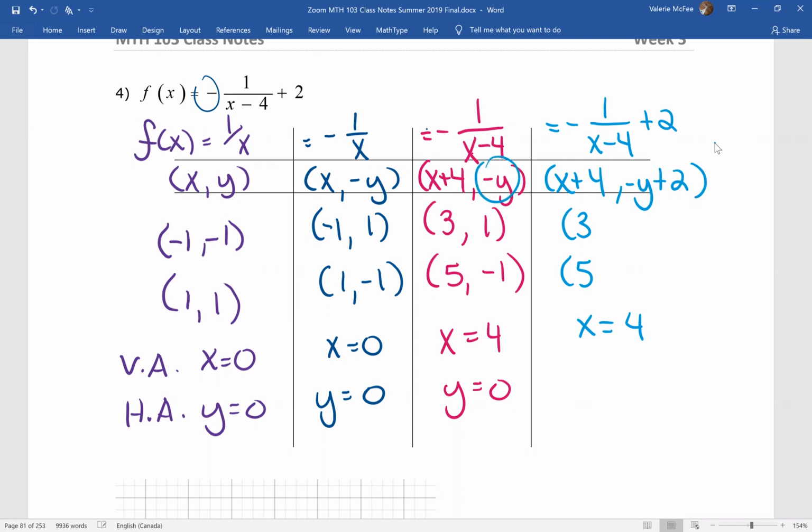Here's our -y, add 2. Can you see why it's important that we wrote in our asymptotes here? They had to move as well.